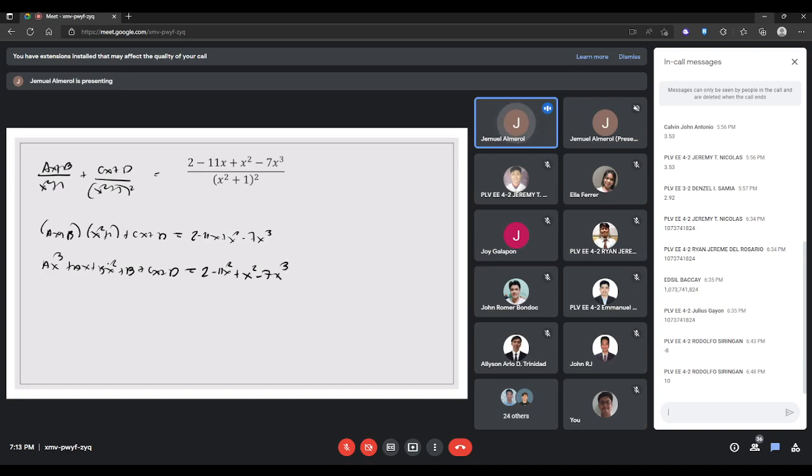So obviously, we will start with the highest power, x cubed. Therefore, a times 1, no, equal to negative 7 lang. So obviously, a is negative 7.